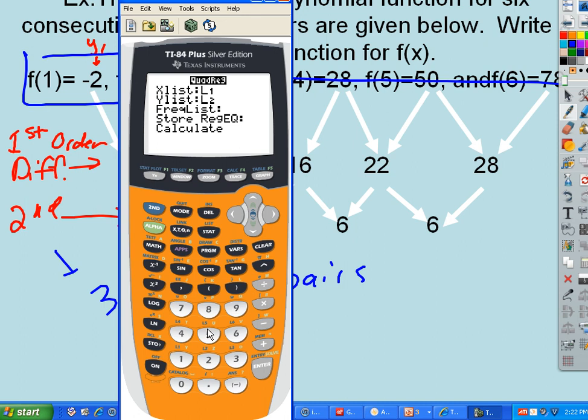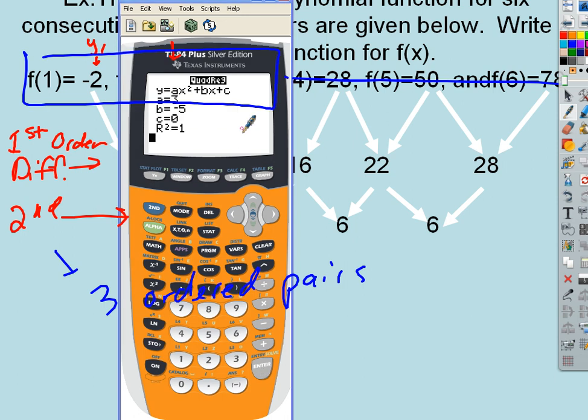So there's the answer. So the answer then is y equals, a is 3. So it's going to be 3x squared. B is negative 5, so minus 5x, and C is 0. So that would be it. 3x squared minus 5x.